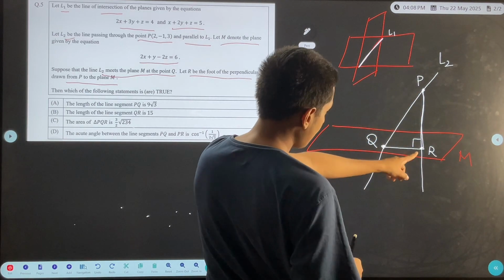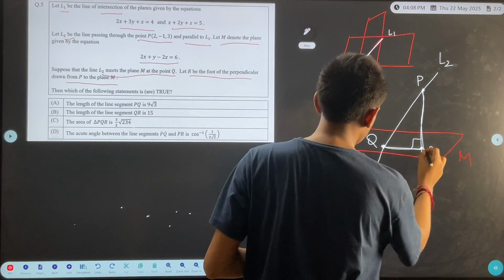Now we know Q and R are in the plane itself, so I have connected them as well.